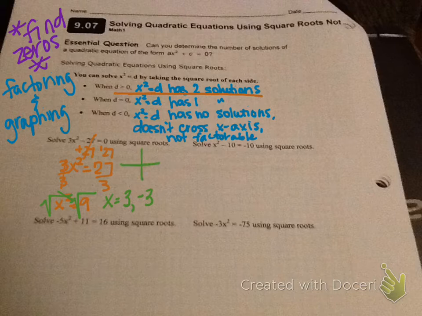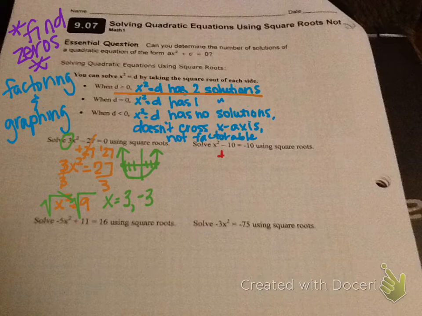So if I were to graph this, I know that it opens up because I have a positive 3. I know that my zeros are at 3 and negative 3. So my parabola looks something like that. We could make an XY chart and do a really great job on it, but it's not required for this.